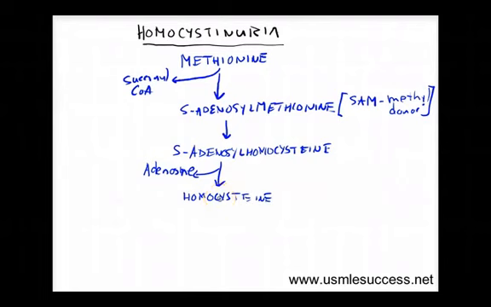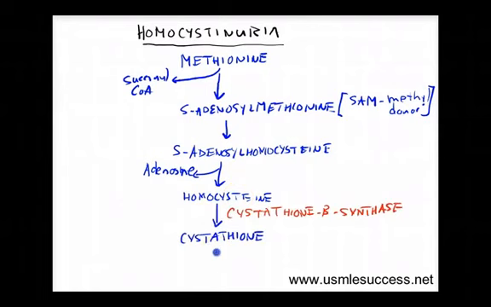Now, normally, homocysteine is going to be converted to cystathionine with the enzyme cystathionine synthase. And cystathionine then becomes cysteine with the help of the enzyme cystathionase.